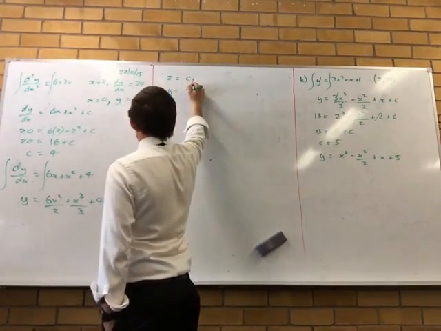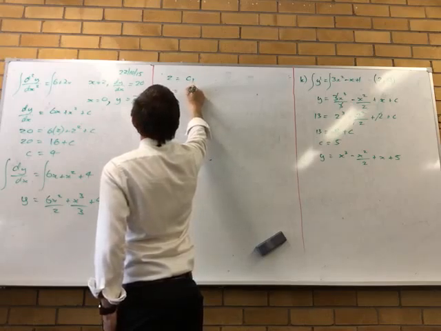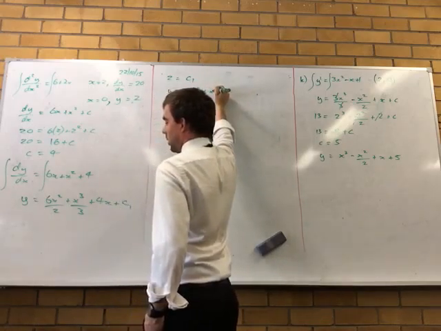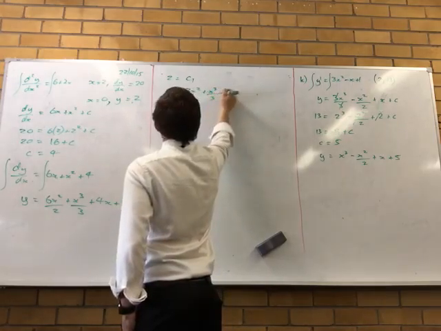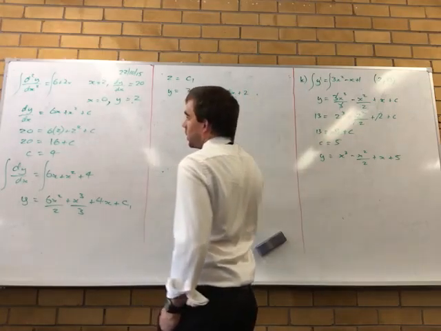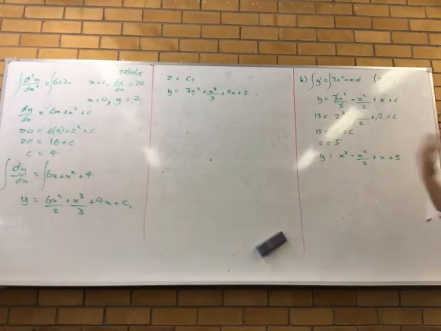So y is going to be, we simplify now, 3x squared plus x cubed on 3 plus 4x plus 2. Usually they're in decreasing powers, but the question didn't give it to you like that, so no need to put your answer like that.